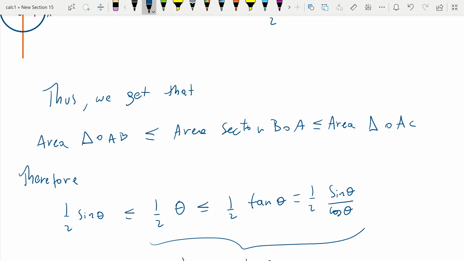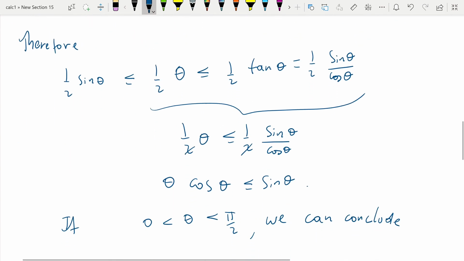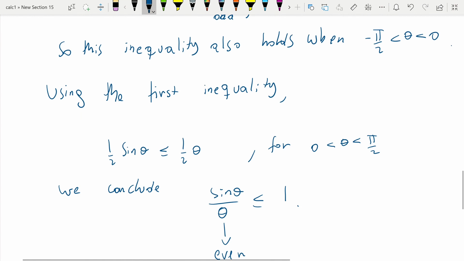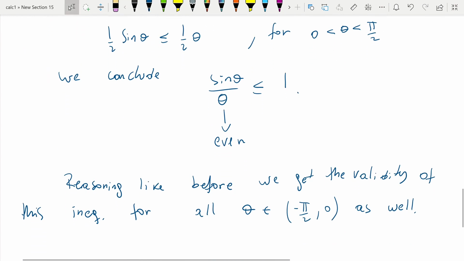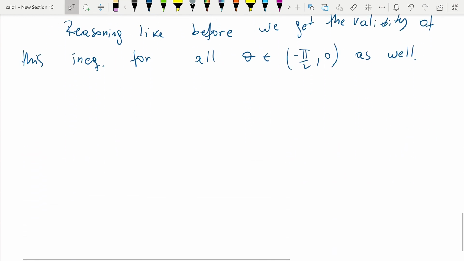Okay, and this is the final missing piece in the computation of those two important limits.